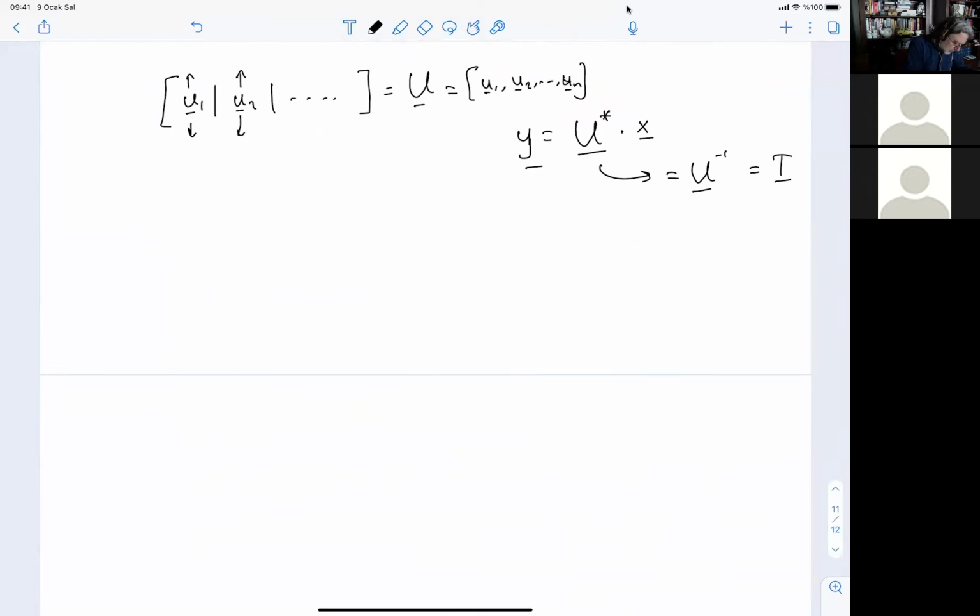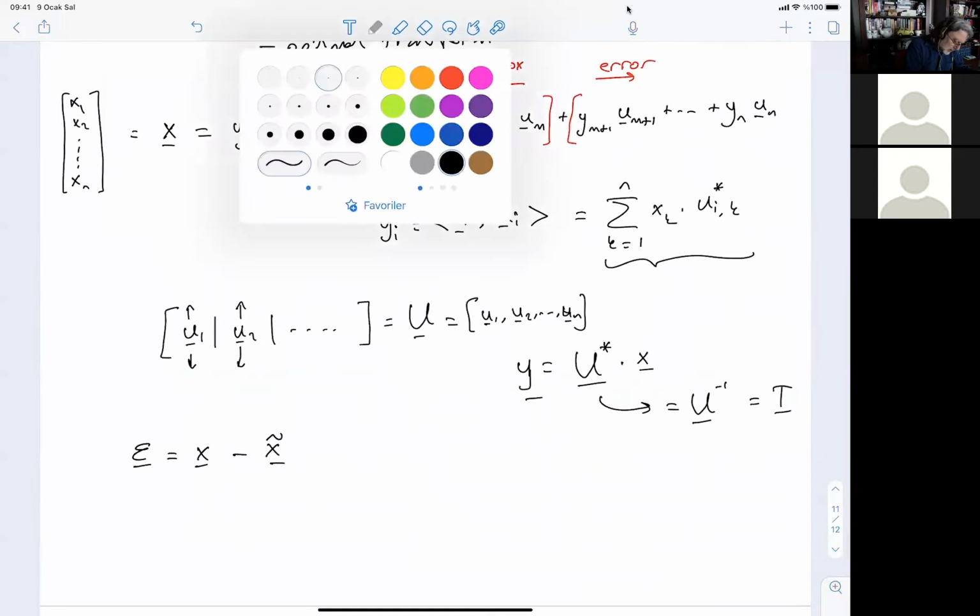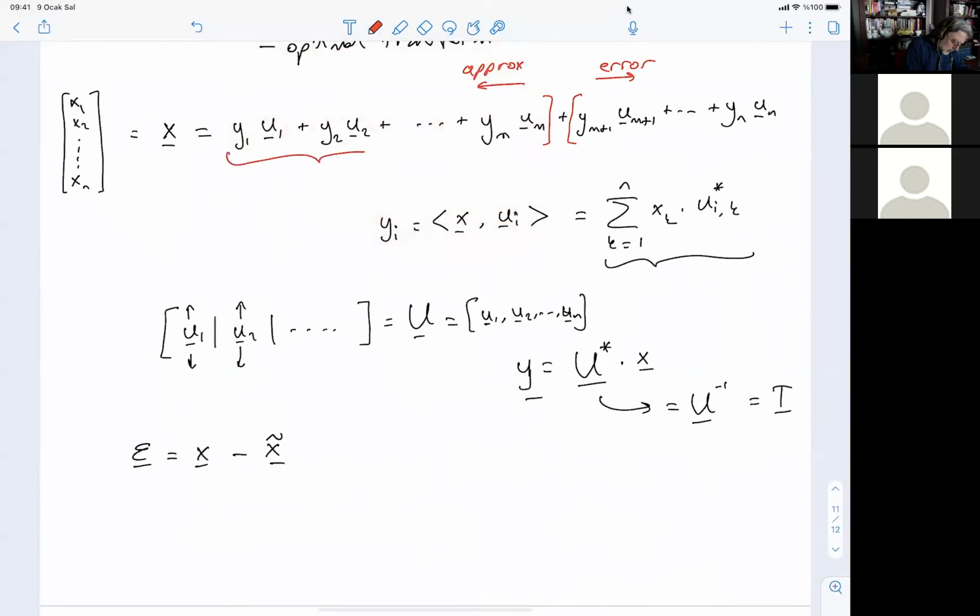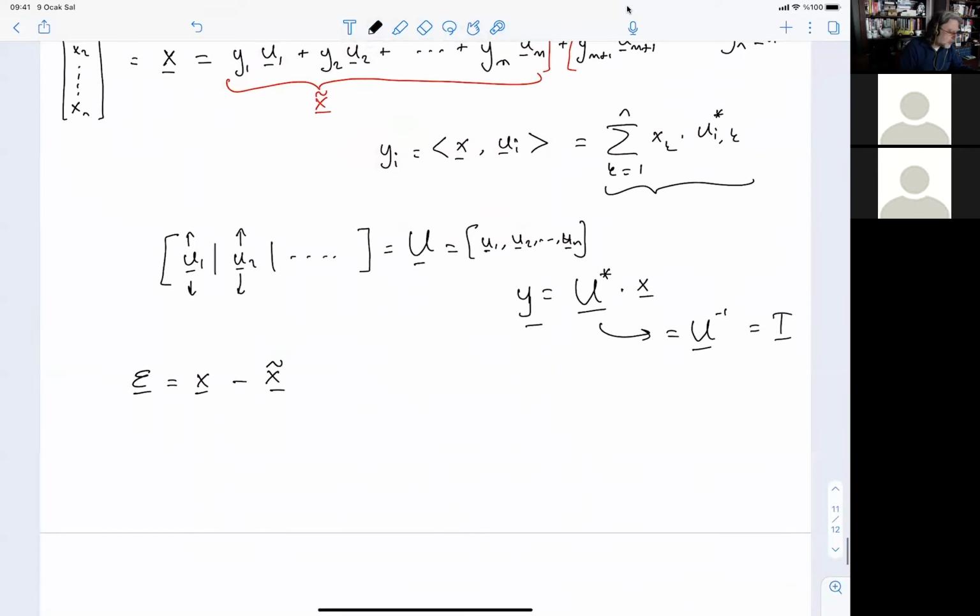First of all, the error term is a vector in the form of x minus, I will say x tilde, but I didn't mention what x tilde is. x tilde is this approximation. So the approximation will be notated as x tilde. We want this error term, x minus x tilde, to be as small as possible. And this is the remainder term, from m plus 1 to n, y j u j.